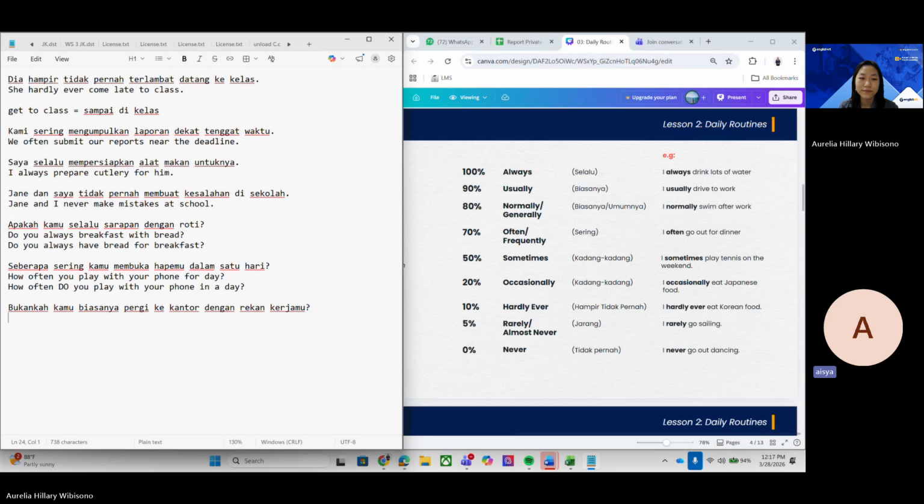Kamu biasanya pergi ke kantor. Don't you always? Are you sure, always? Always means what here? No. Don't you usually?